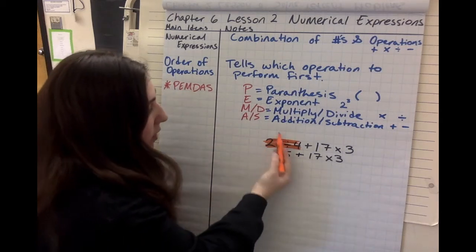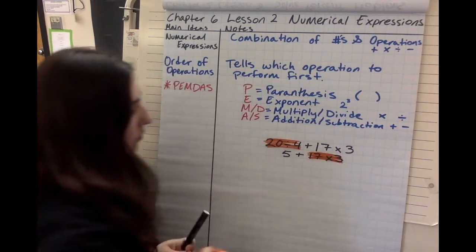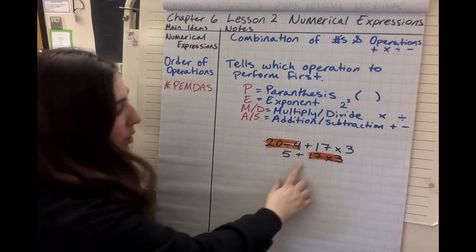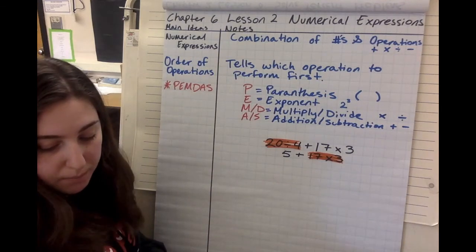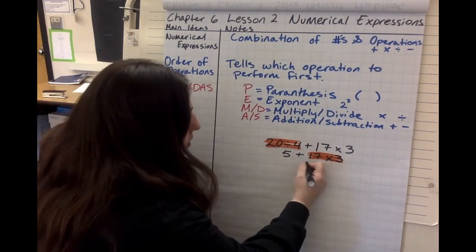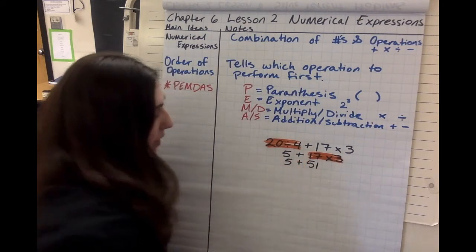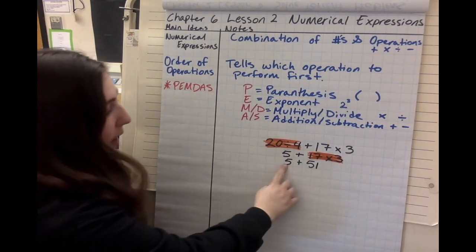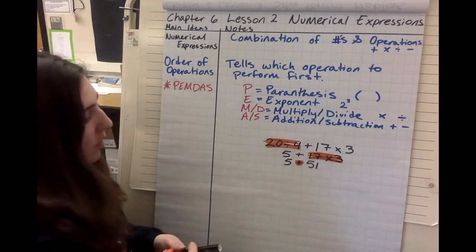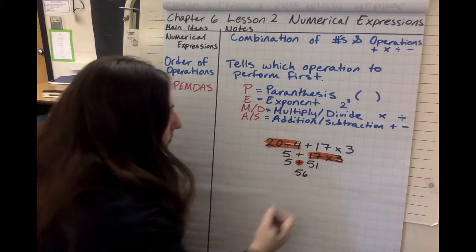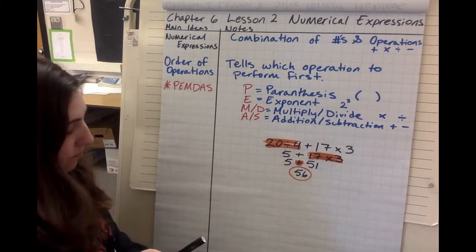I did the division, and I'm still on the multiplication step. So 5 plus 17 times 3. 17 times 3 is going to be 51. I bring this plus sign down and this 5 down. So now I'm going to do 5 plus 51, which is 56. That's my answer.